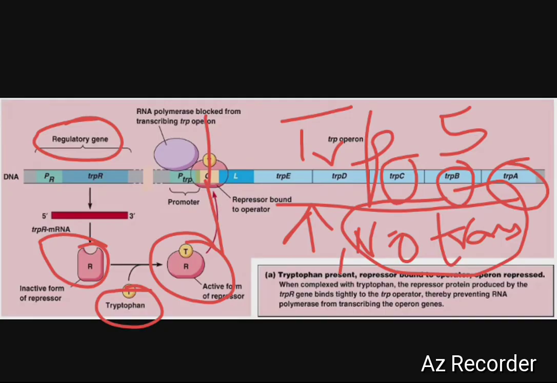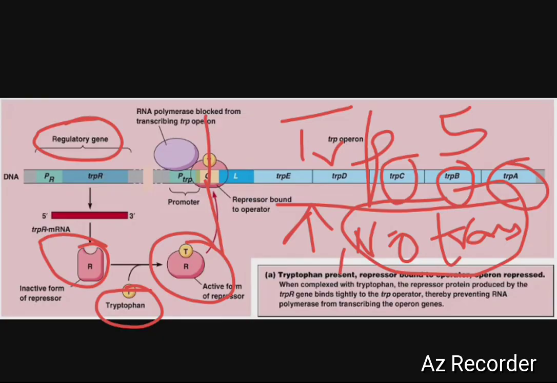It is a group of genes that encode the biosynthetic enzymes for the amino acid tryptophan, and the tryptophan operon is expressed, that is turned on, when tryptophan levels are low and repressed when they are high.